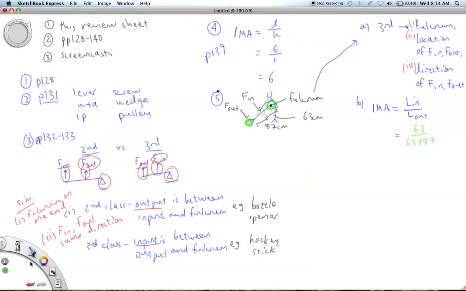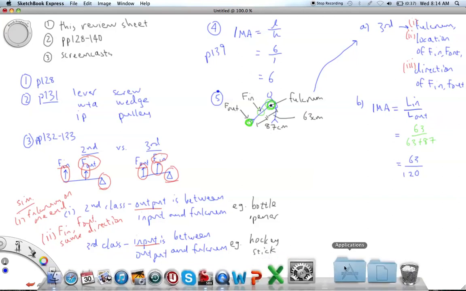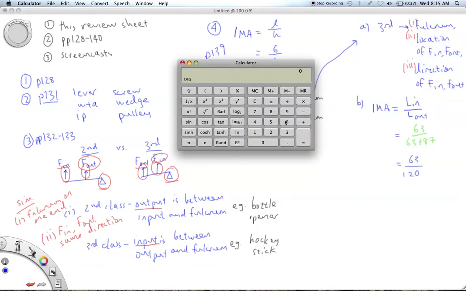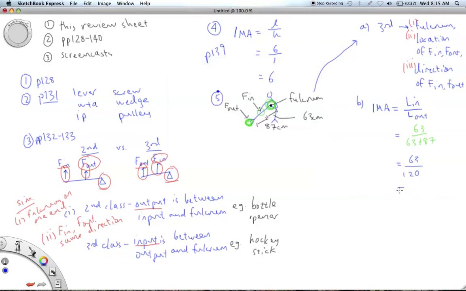Oh, let's switch back to blue. And if I simplify that, I basically get 120. Let me get my calculator out to do that. It's about 0.5, but let's be exact. So what I have is 63 divided by 120, which equals 0.525.